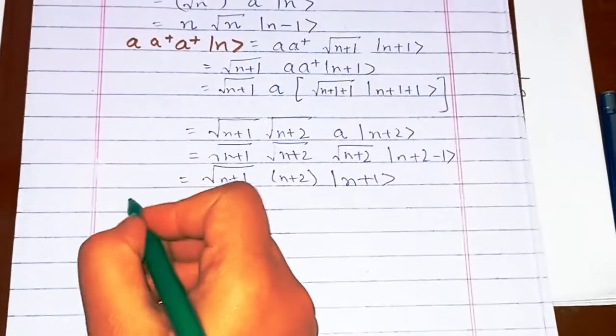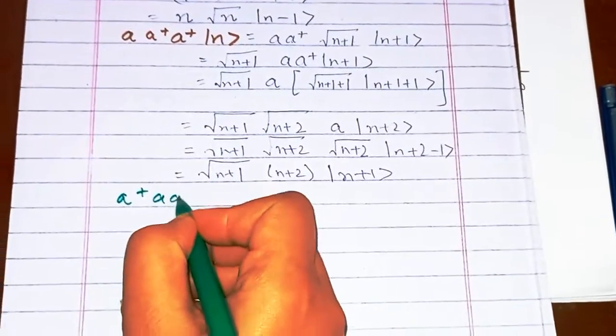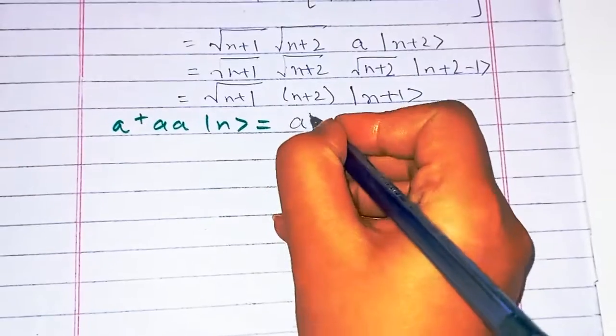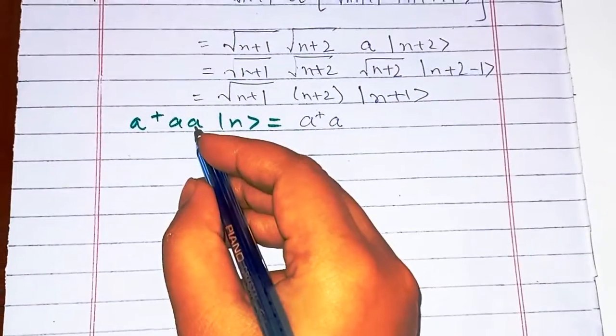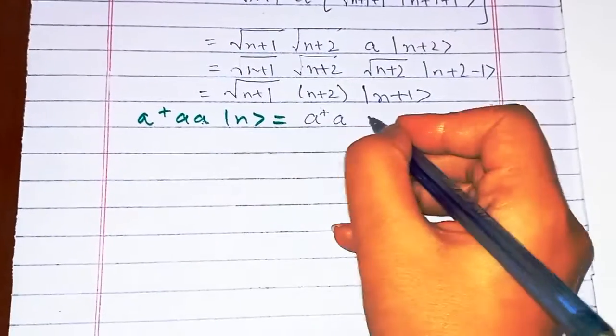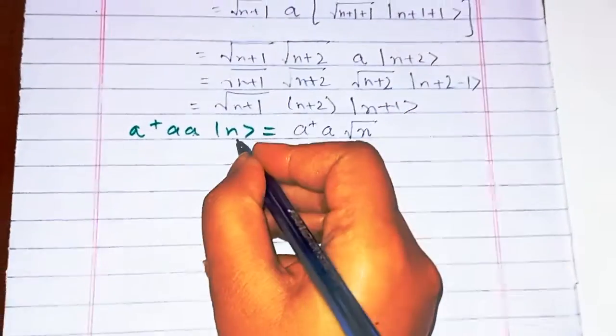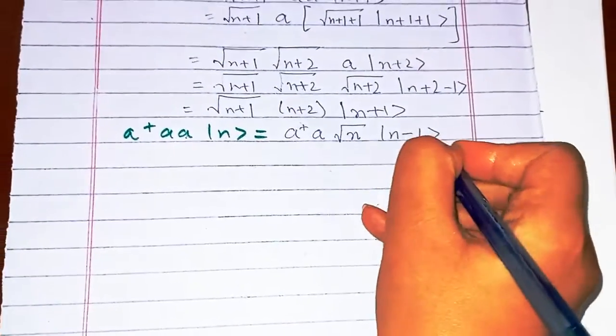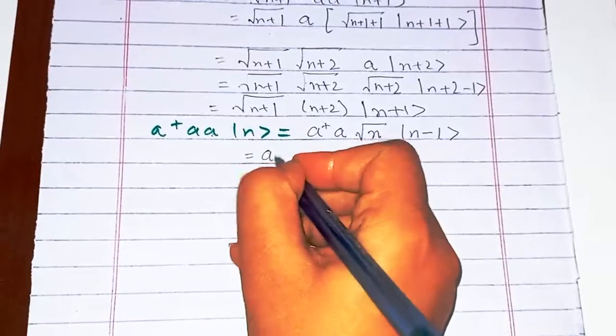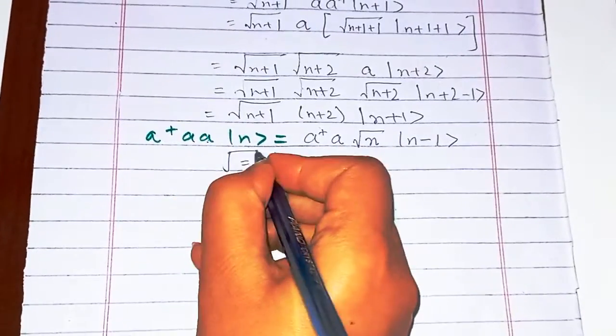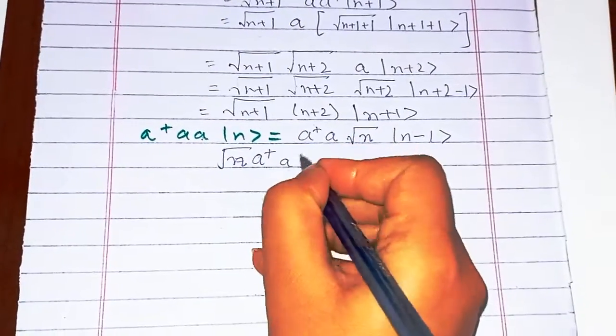Let's calculate the fifth term, a plus a plus a. Then we have this lowering operator applied on a ket, so it's under root of same quantum number, and quantum number reduced by 1. So it's under root n here, a plus a into this ket.